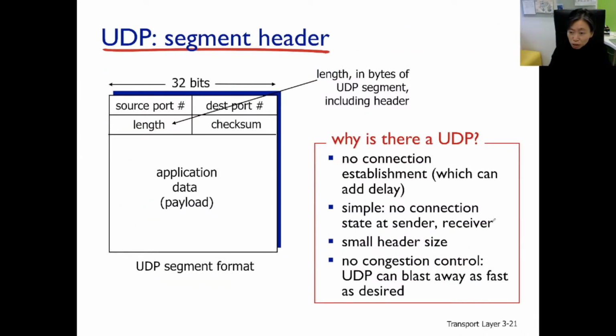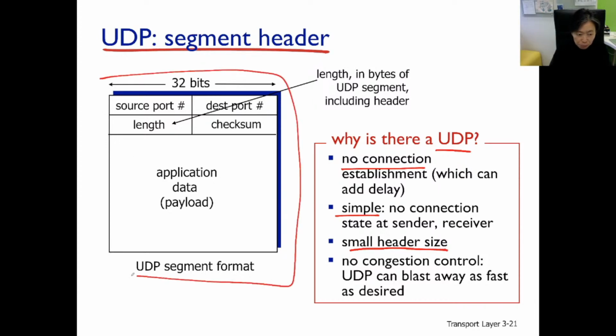There are some other uses of UDP. Some other advantages of UDP: there's no connection establishment as we know, so low delay. It's very simple, there's no handshake. It's easier to implement. There's also a small header. So this is a UDP segment. Once again, there's a header part and there's also a data part.